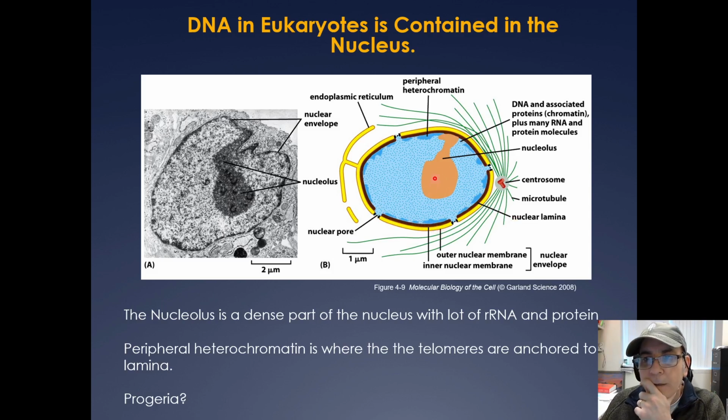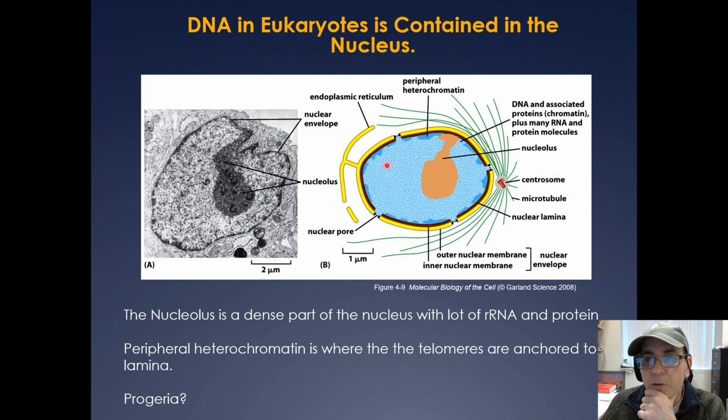Now, co-localized with the nuclear lamina is what's called peripheral heterochromatin. This is where the telomeres tend to hang out in the cell, as well as other heterochromatic DNA. And we'll learn the difference between euchromatic DNA and heterochromatic DNA later.